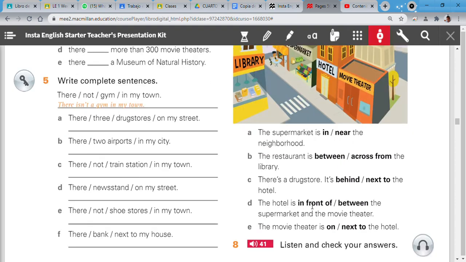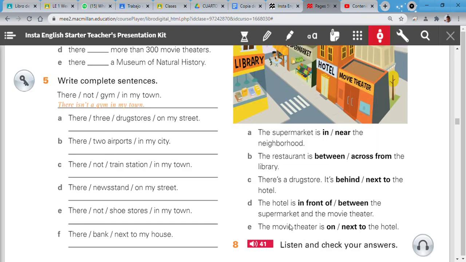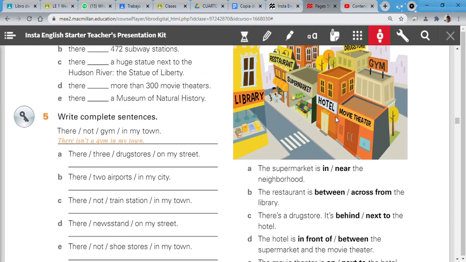The hotel is in front of or between the supermarket and the movie theater. Between.